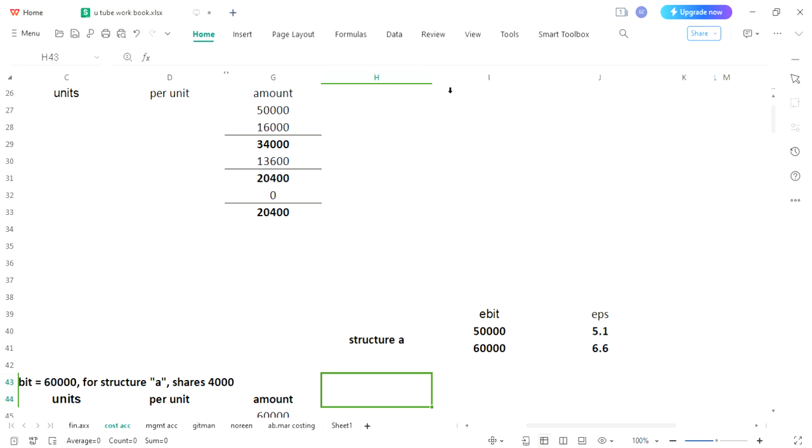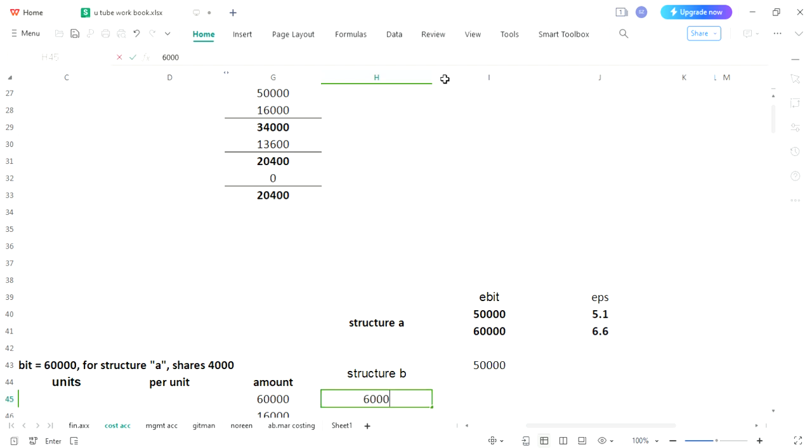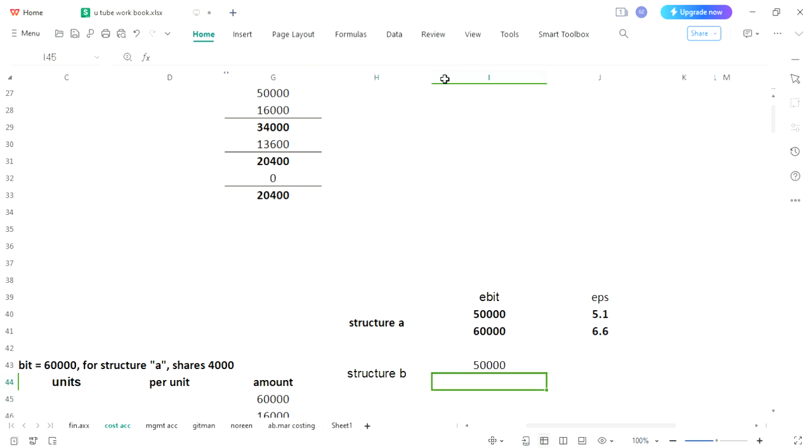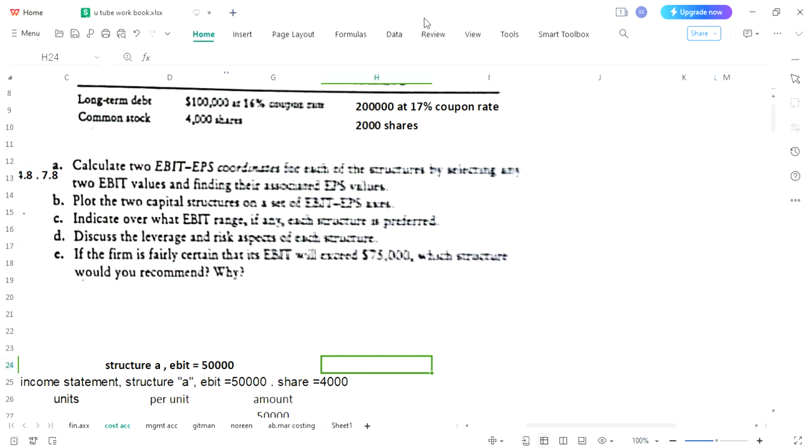We will put 50,000 EBIT and see how much the EPS is, and then we will put 60,000 EBIT to calculate our EPS. EBIT would be used in a similar way, but for structure B we have a different number of shares, that is 2,000.